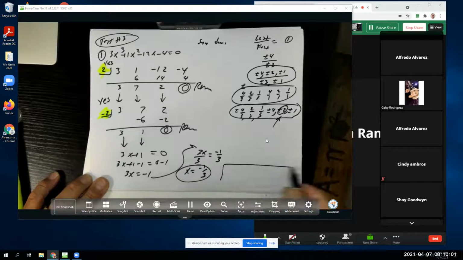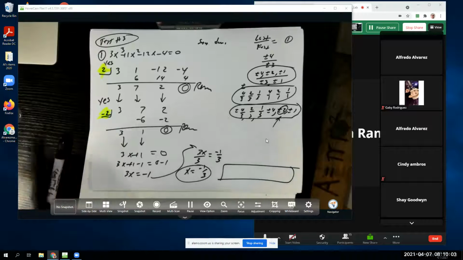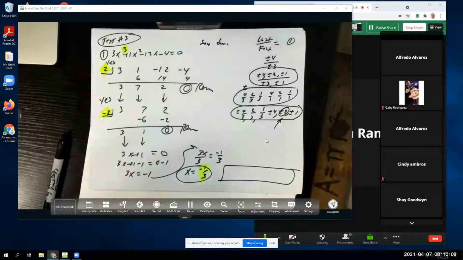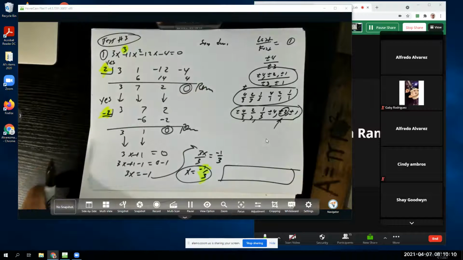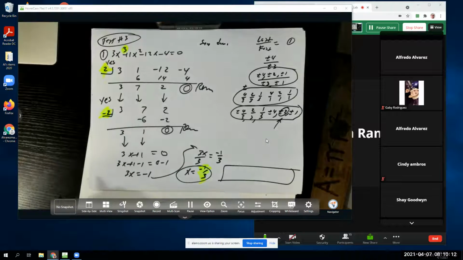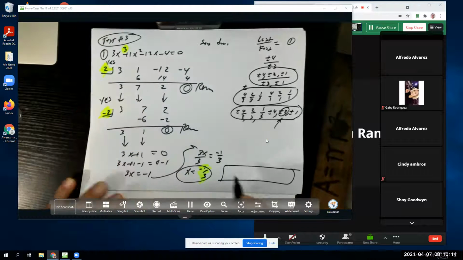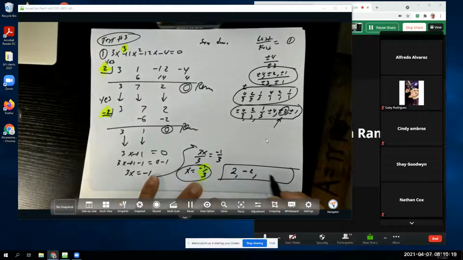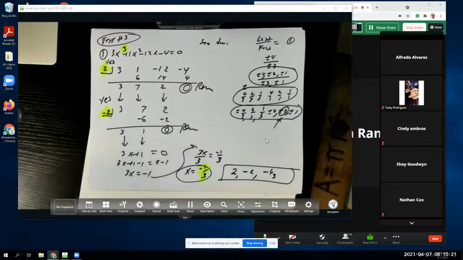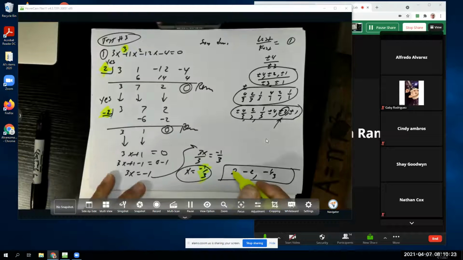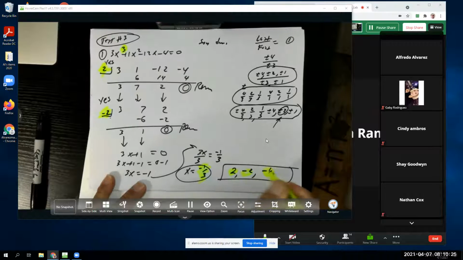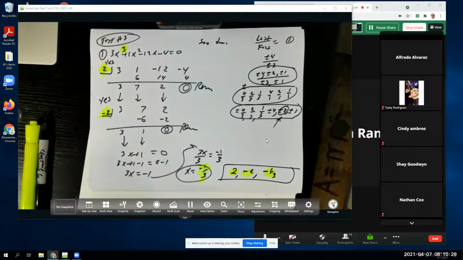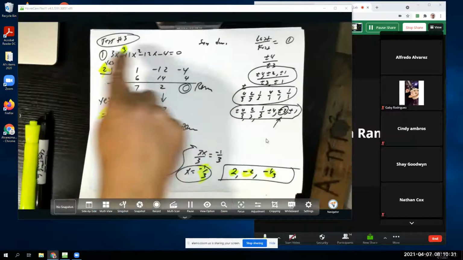So this one has 3 answers. Everyone who has 3 answers, see right here, it means 3. So the answers are 2, and negative 2, and negative 1/3. These are the answers that belong to this problem right here. So that's synthetic division using the last over the first, that's it.